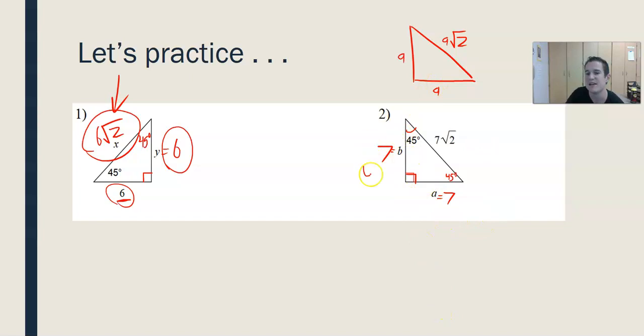Because conversely, 7 times the square root of 2 would give me 7 times the square root of 2. That is the special relationship that we're talking about with 45, 45, 90 triangles, and that relationship will happen every single time. Pretty cool, I think.